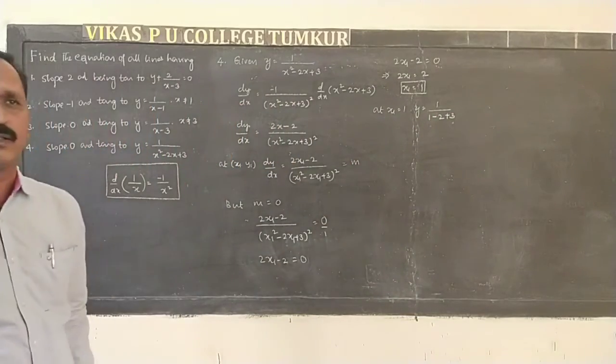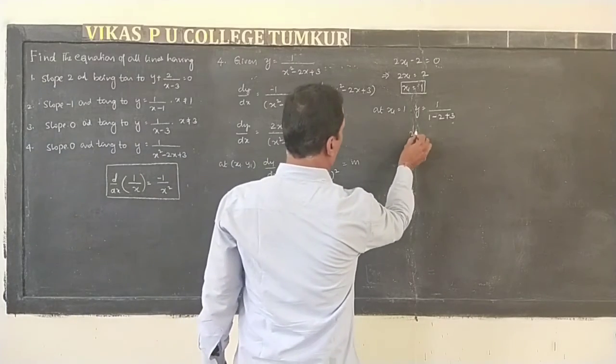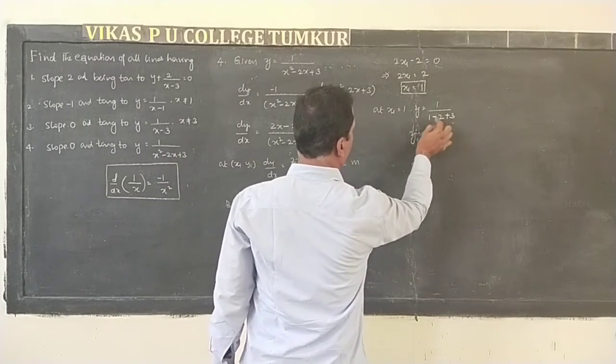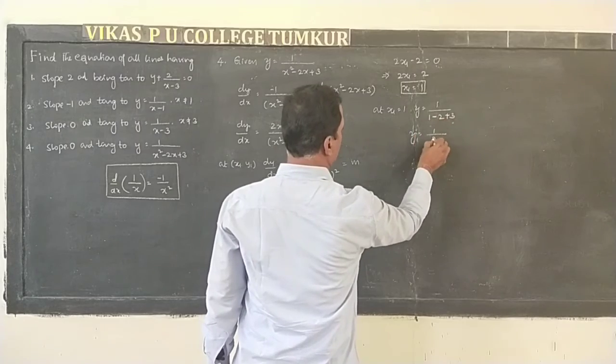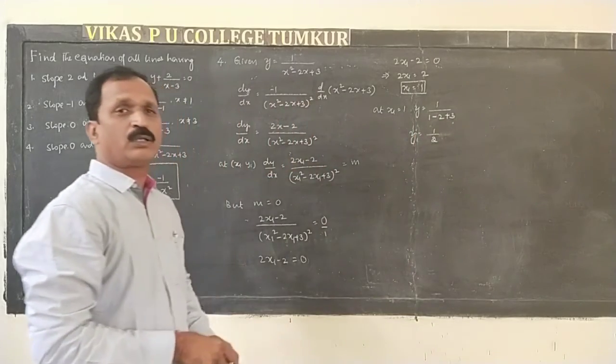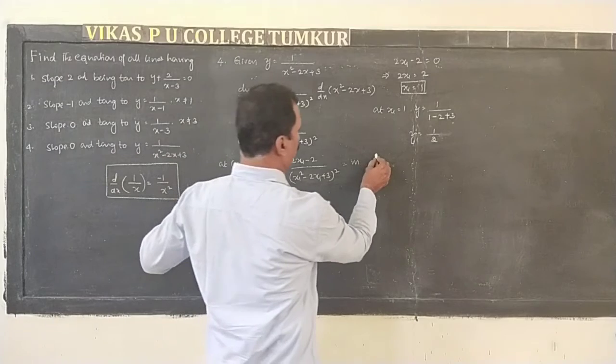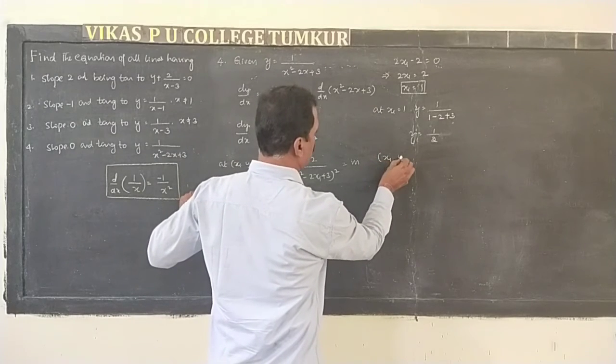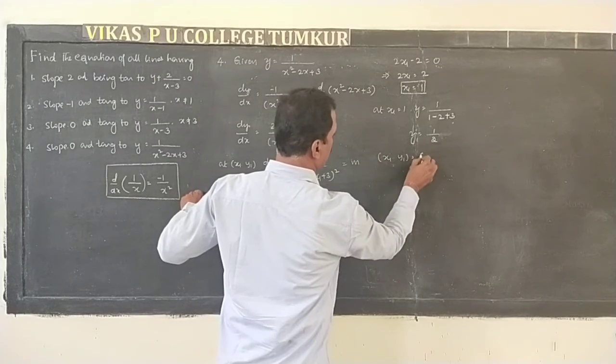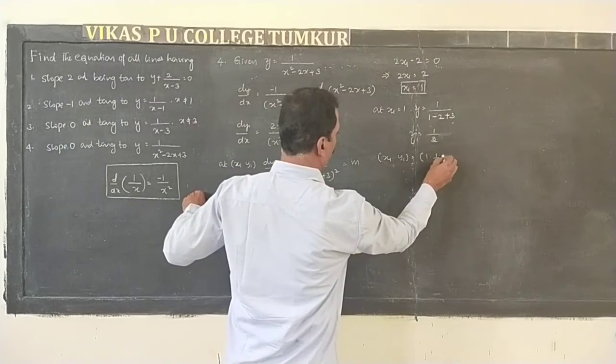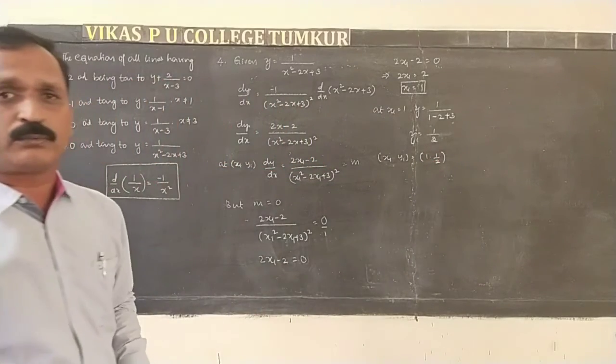Correct? Simplify this. y is equal to 1 divided by 2. So we got the point x1 comma y1. Therefore, the point x1 comma y1 should be equal to 1 comma 1 by 2.